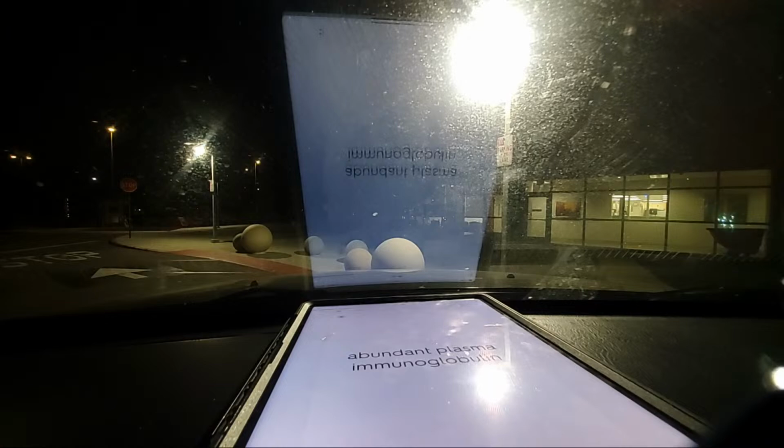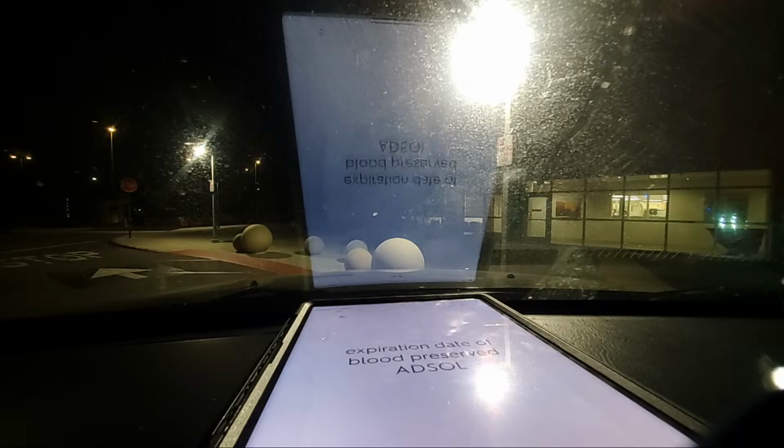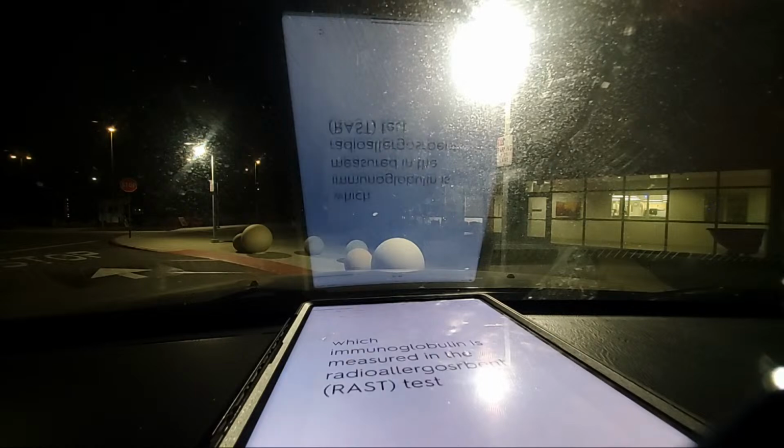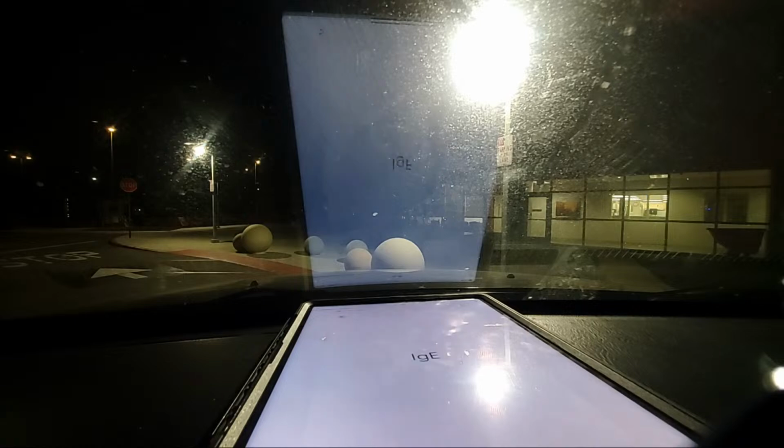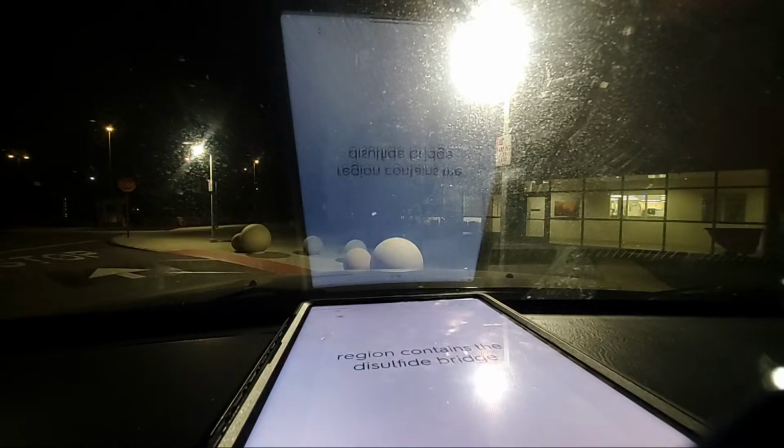Abundant plasma immunoglobulin. IgG. Expiration date of blood preserved in AS-1. 42 days. Which immunoglobulin is measured in the radioallergosorbent test? Which Ig region contains the disulfide bridge?